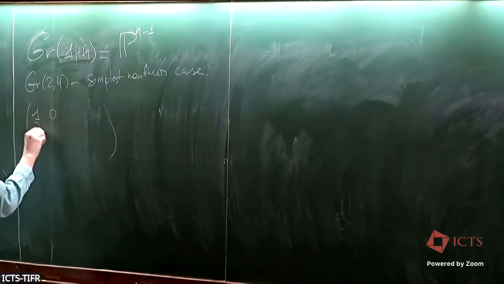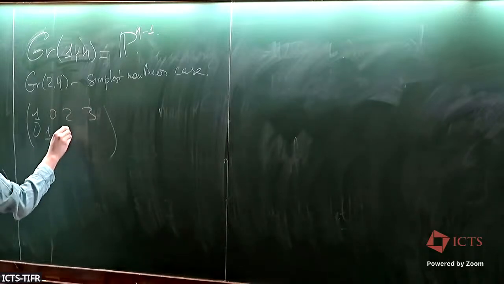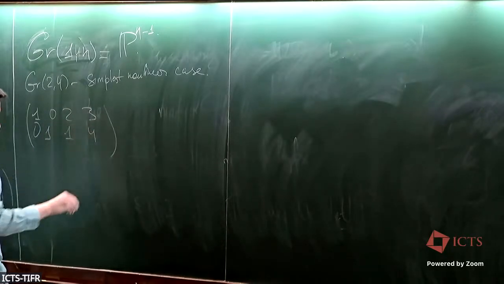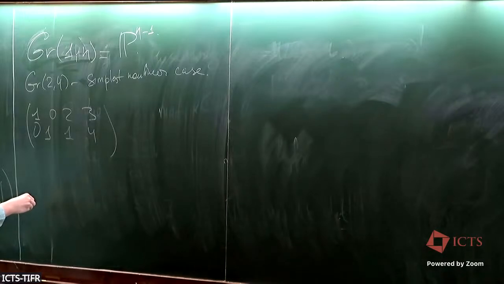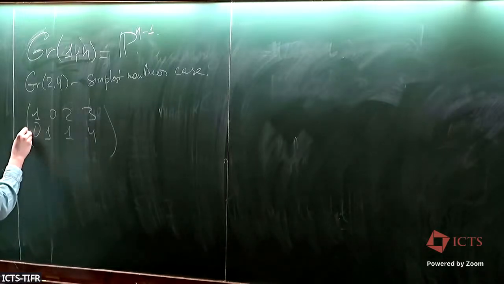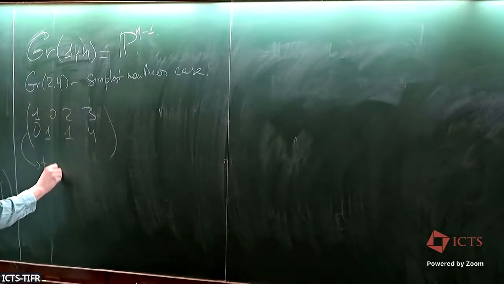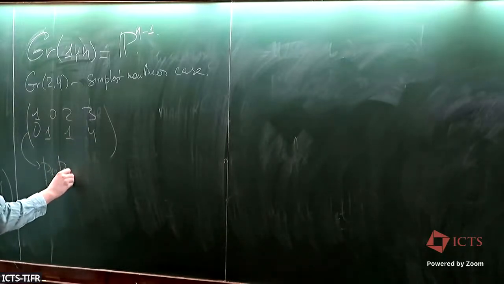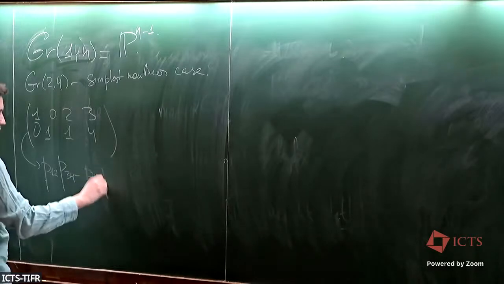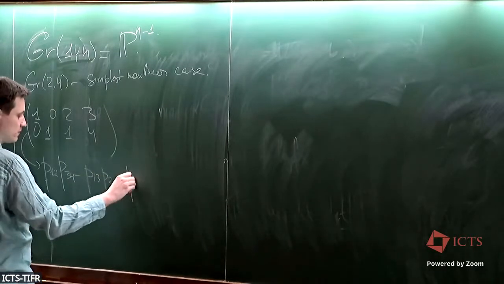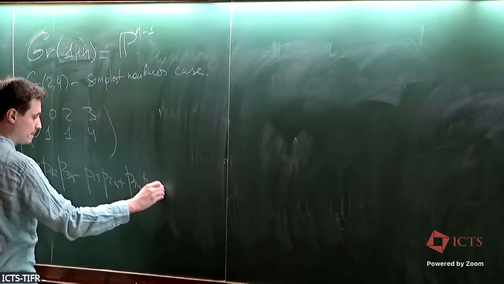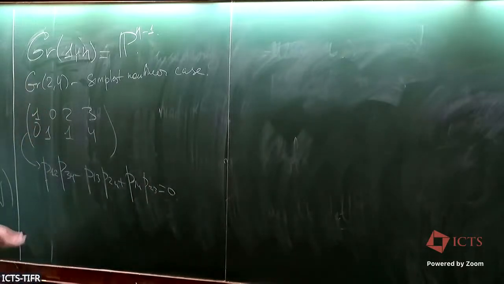So let's try a more or less random matrix. I have not prepared it. It's really completely random. So I claim that any full rank matrix has the following relation between its minors: P12 times P34 minus P13 times P24 plus P14 times P23 equals 0. So let's check that it's true.